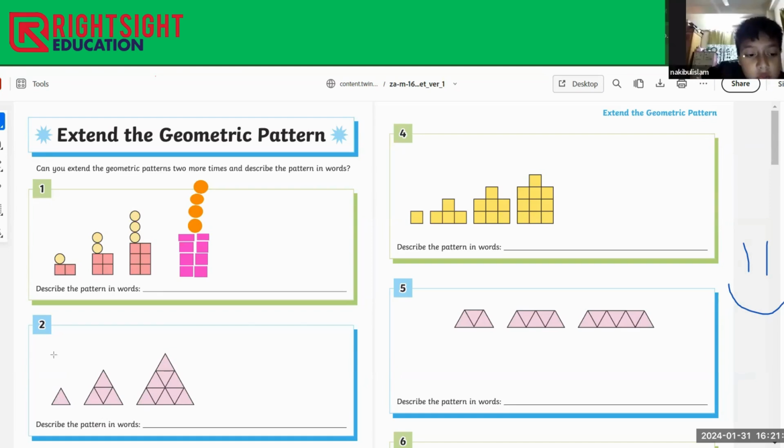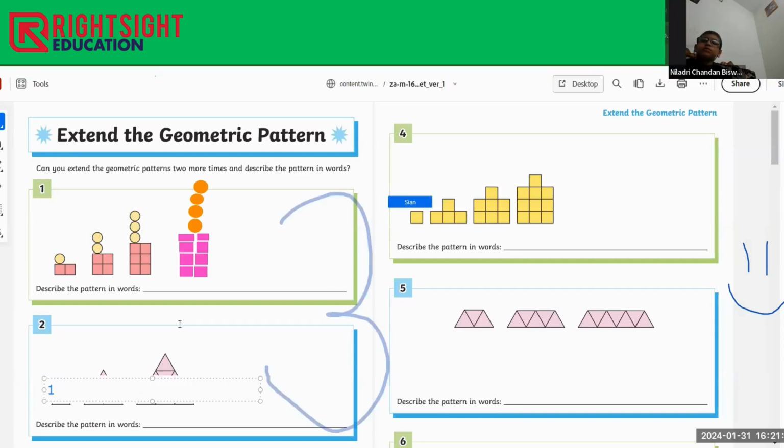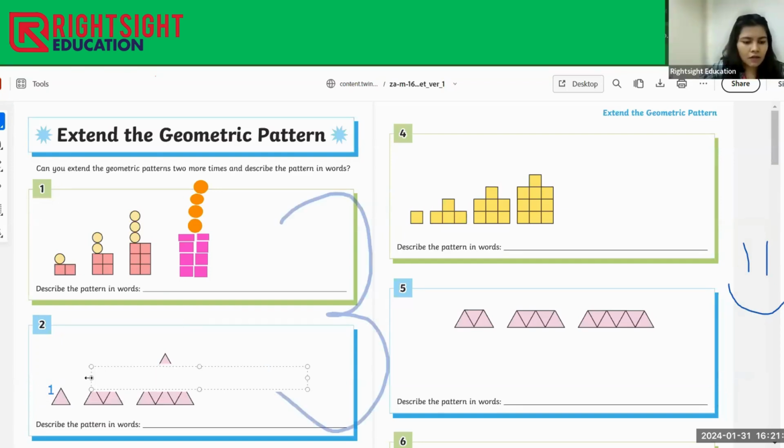There was 3, now 4. Yes, there are 4. So here the pattern is 4 minus 1 is equal to 3. 3 triangles have been added here.